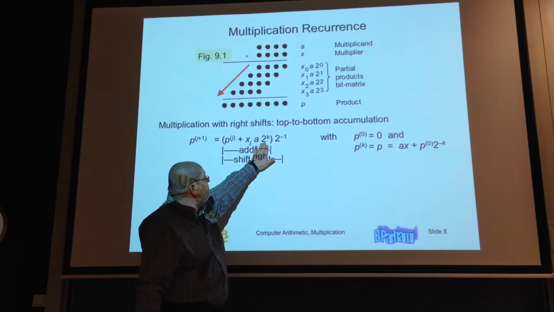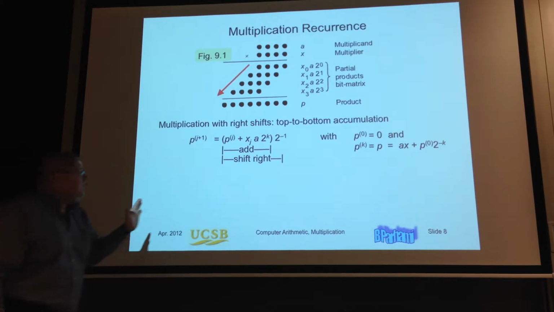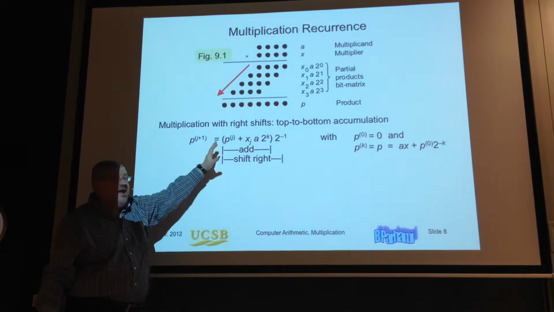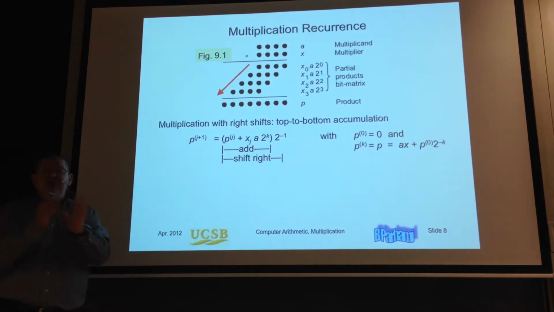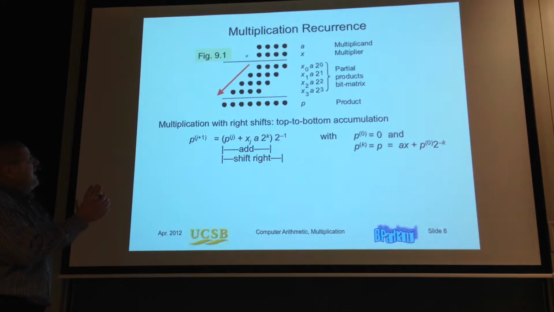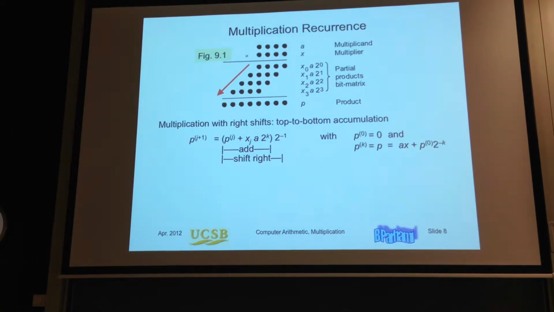I always have to keep in mind the position. Then I add to the previous value and make a shift in order to prepare for the next iteration. If I'm not making the shift, I'm not aligning the calculation correctly.